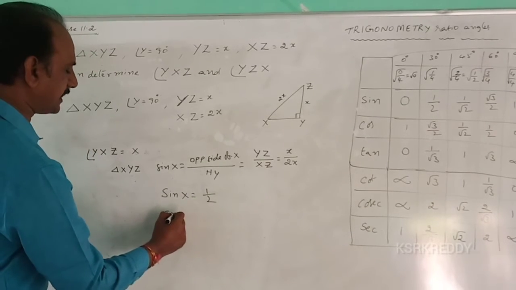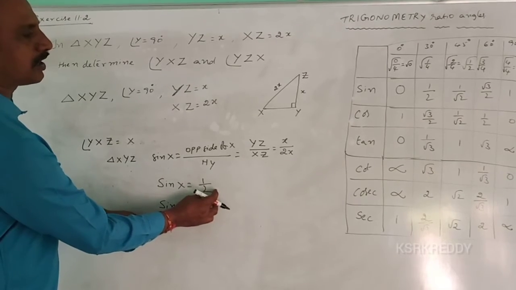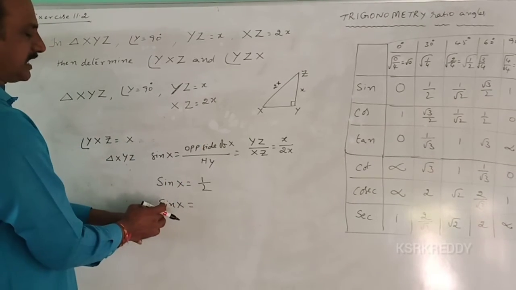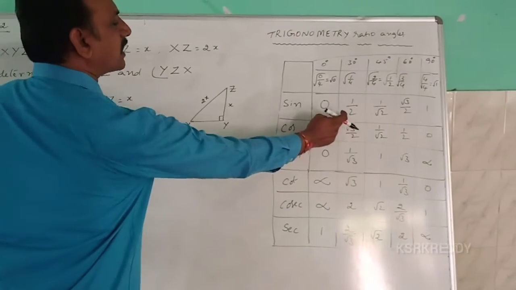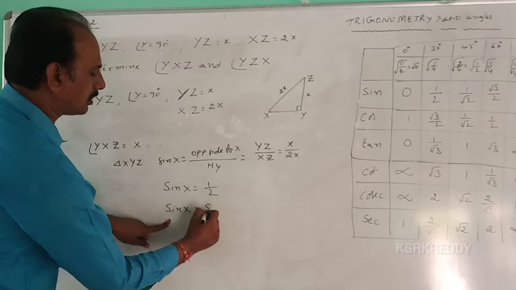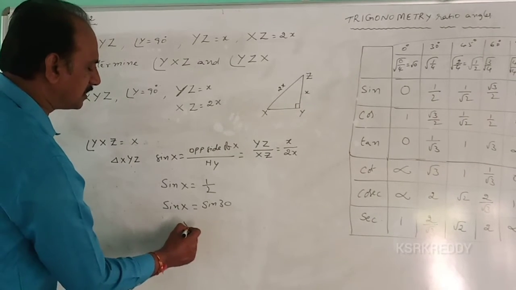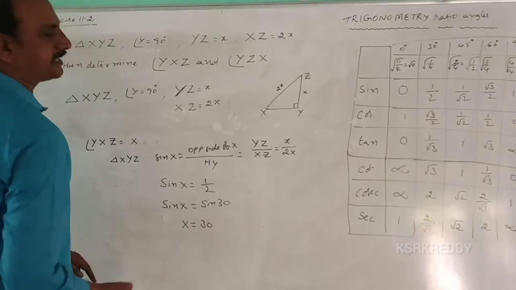So sin x is equal to 1 by 2. Observe the table in sin values. What is 1 by 2 in sin? Sin x equals 1 by 2, which is sin 30 degrees. Sin cancels on both sides, so x equals 30.